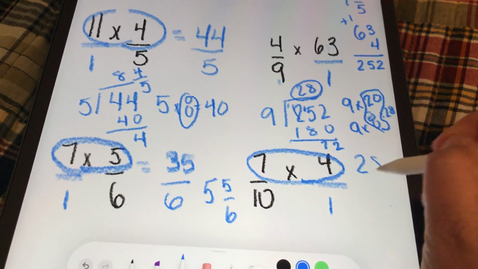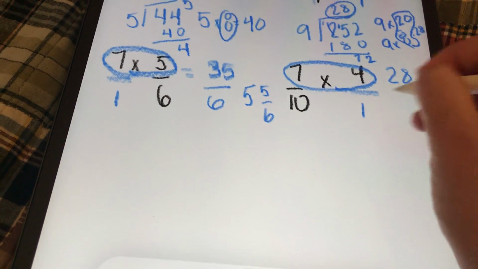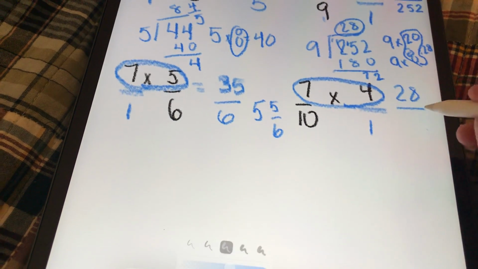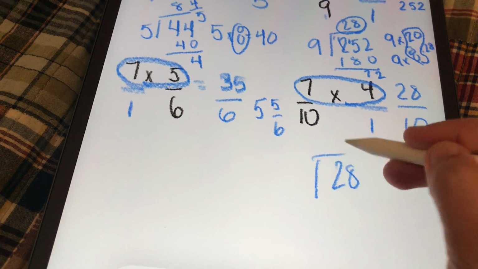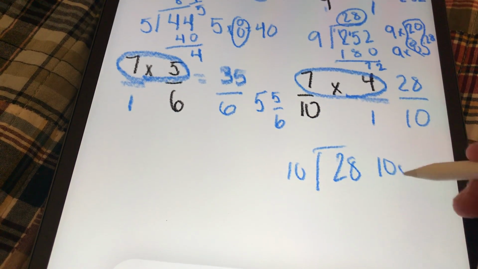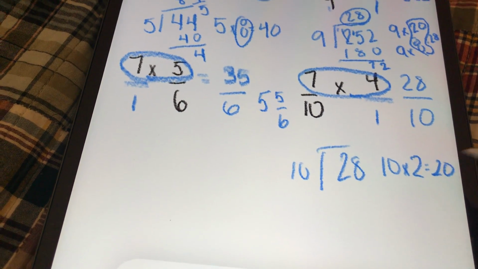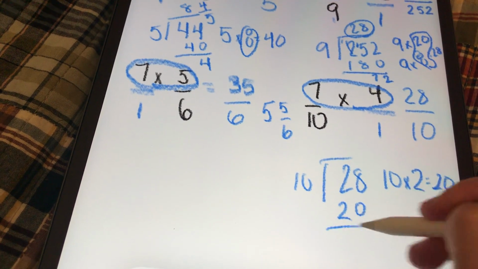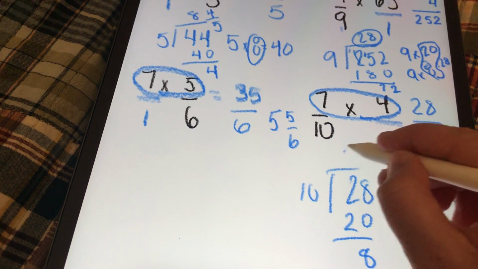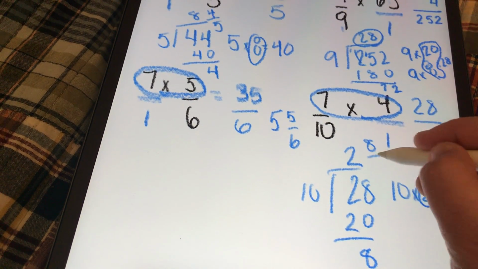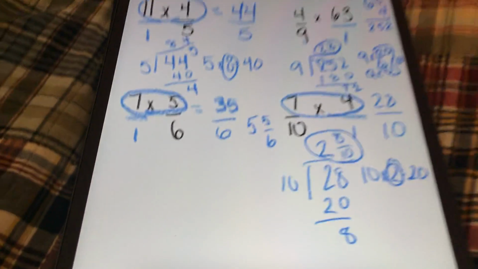I get 28, so 28 tenths. 28 divided by 10, I would have 10 times 2 groups equals 20, with 8 left over. So I would have 2 groups and 8 tenths.